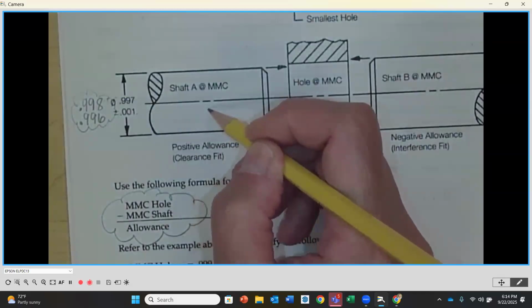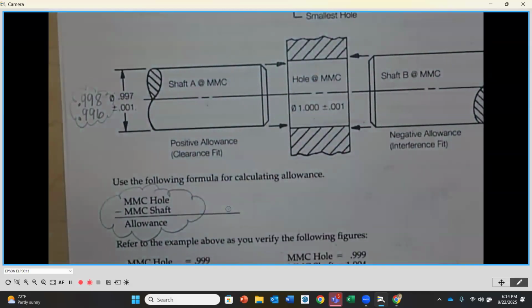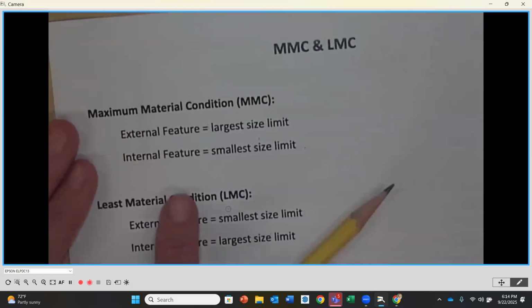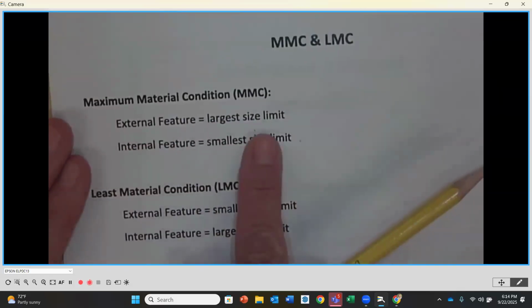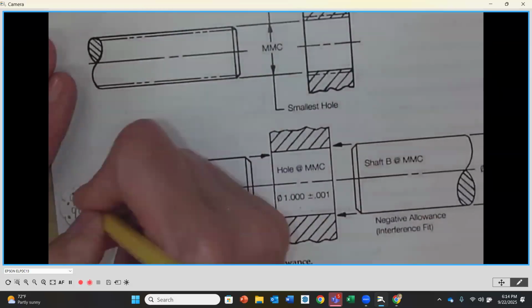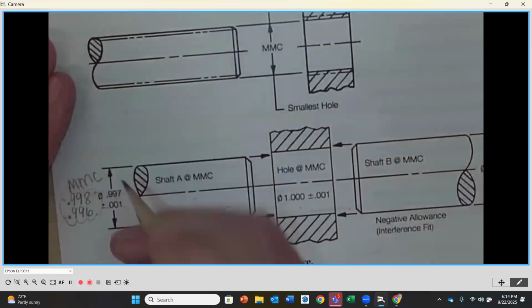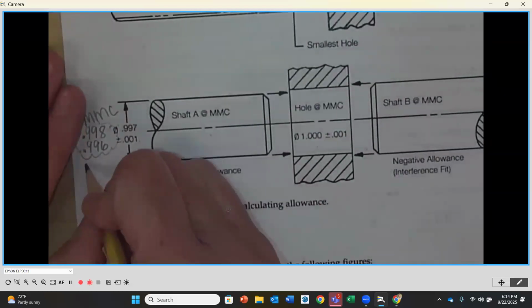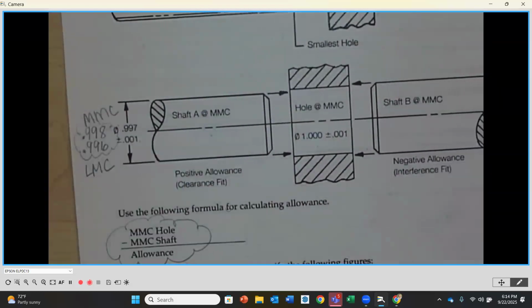Is a shaft an external or an internal feature? External, yes. So when I'm an external feature, the MMC size for an external feature is the largest size limit. Yes. So yes, Roman, you are correct. That top number is the MMC size. So that means the bottom number is the LMC size.